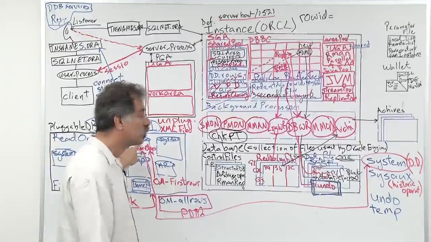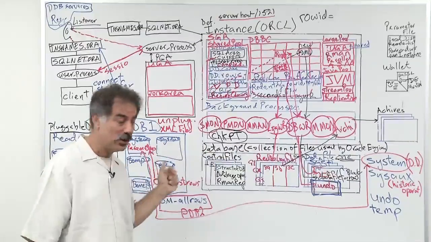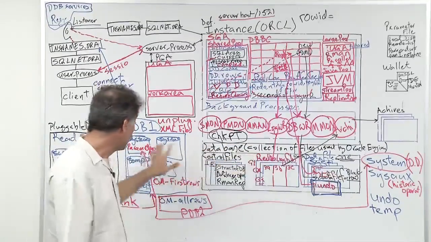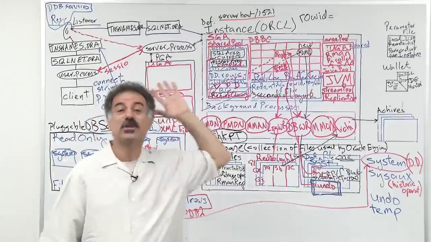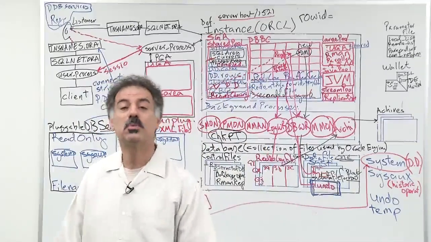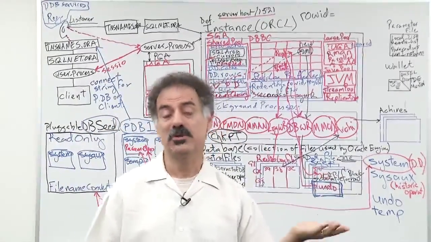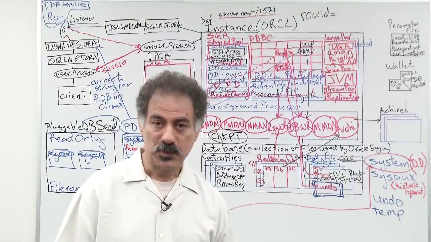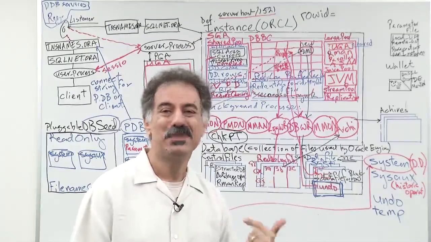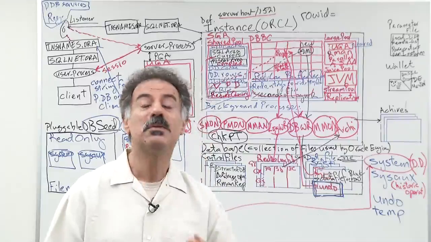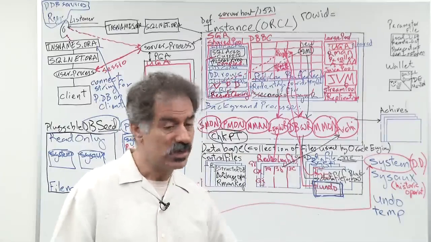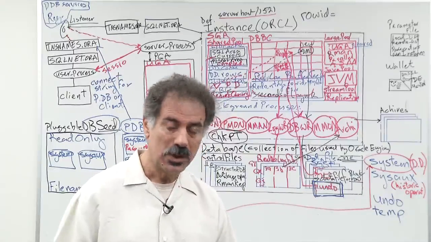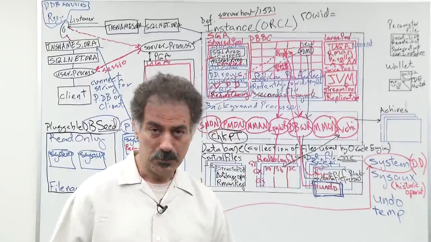And if I do recovery of any system file, whether it be for the container or the PDBs, I have to take the whole container down and bring it up to mount and perform that recovery because of that dependency. Okay? But that is the only dependency when it comes to recovery management of the PDBs. As we said, they do have separate file systems, and then they can be managed that way.